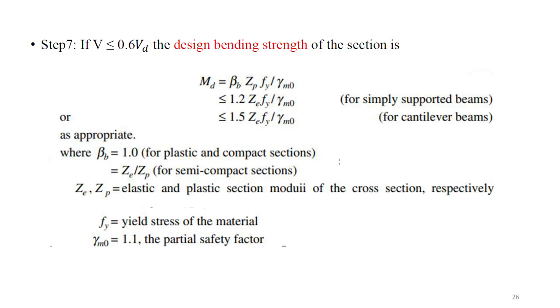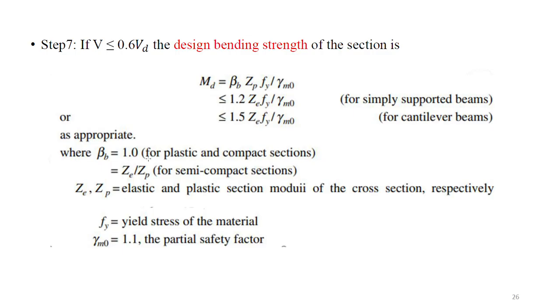These plastic sections are also decided from Table 2, which was given earlier. By taking the b by thickness of flange ratio, we decide the class of the section. Beta b is equal to 1 for plastic sections and for compact sections also. For semi-compact sections, we take the ratio of Ze by Zp.